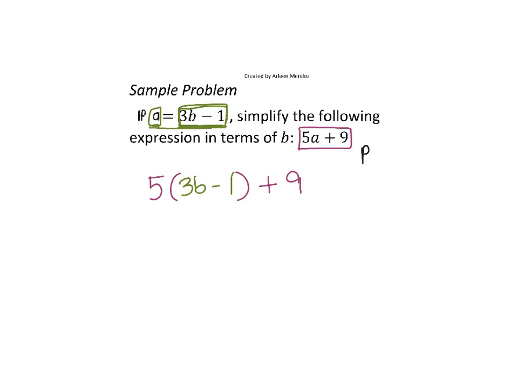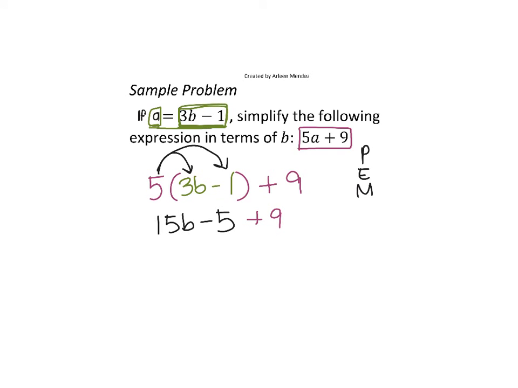Within the parentheses, we can't simplify further. 3b minus 1, they're not like terms. There are no exponents. There is multiplication. You use the distributive property to multiply 5 times this binomial, 3b minus 1. 5 times 3b is 15b. 5 times negative 1 is negative 5. We bring down that plus 9 here.